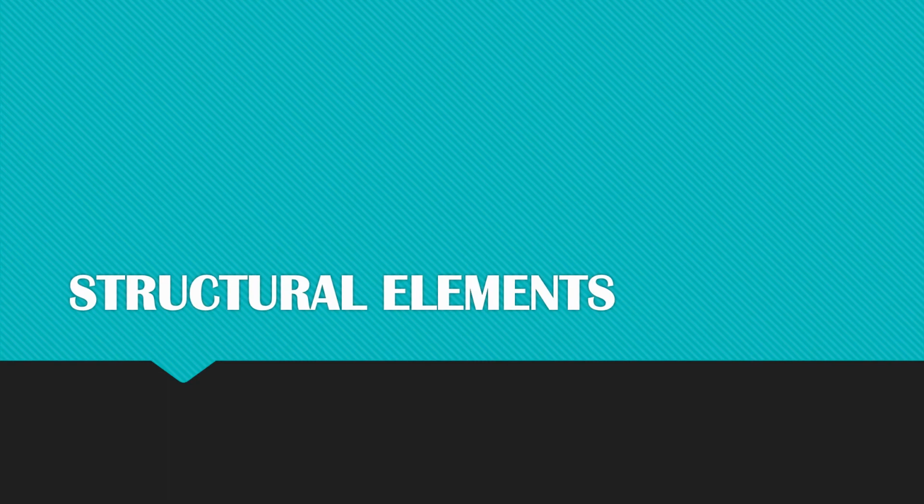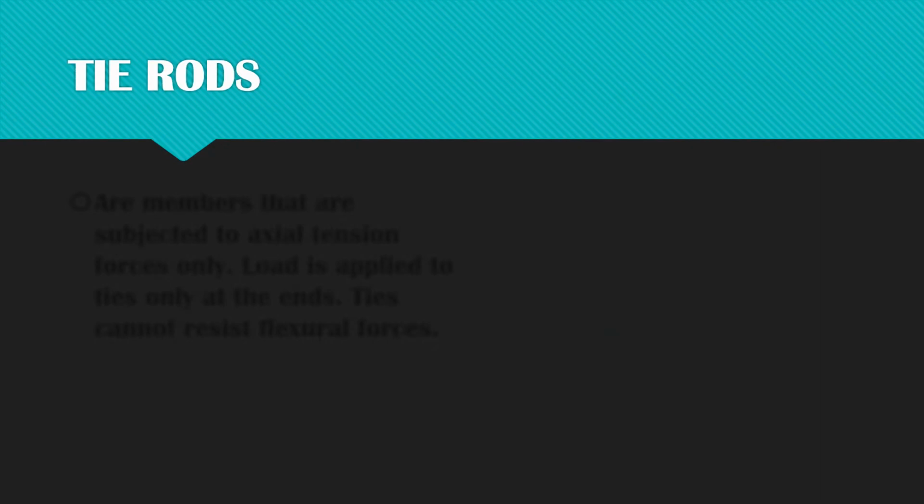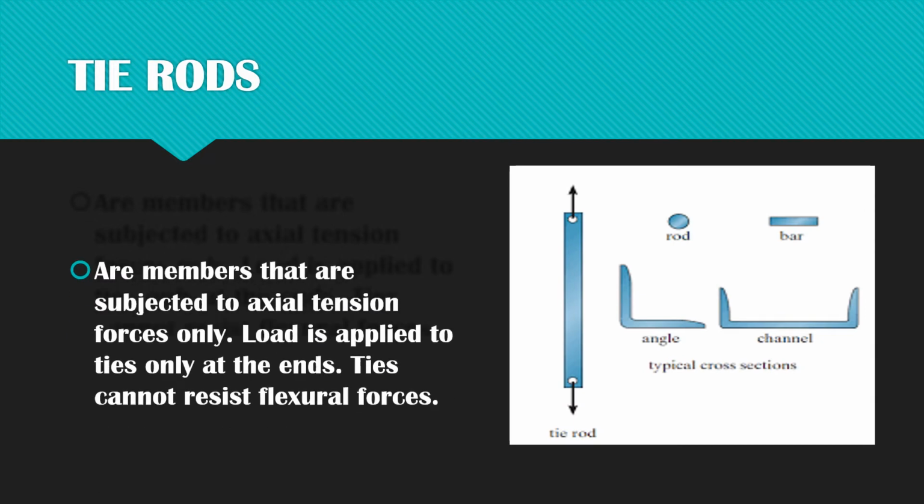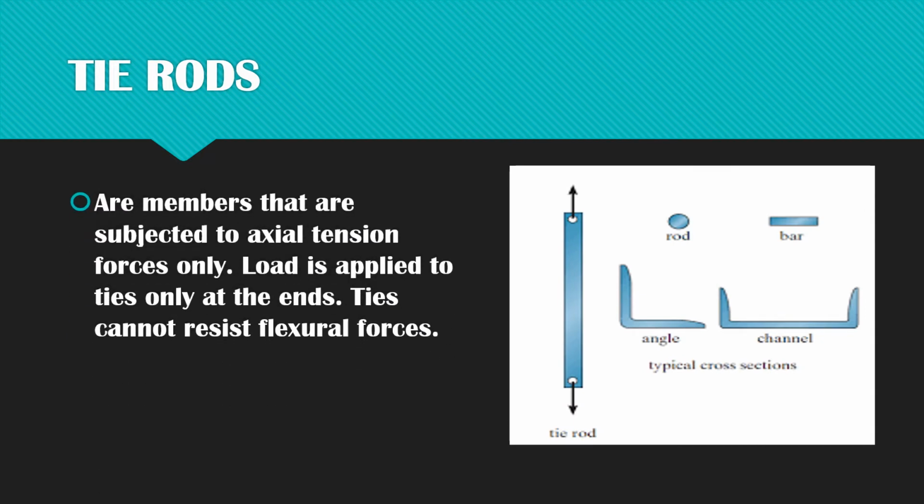So, first, let us identify structural elements. First is tie rods. Tie rods are members that are subjected to axial tension forces only. Load is applied to ties only at the ends. Ties cannot resist flexural forces.